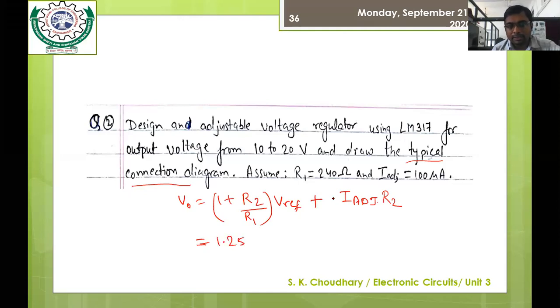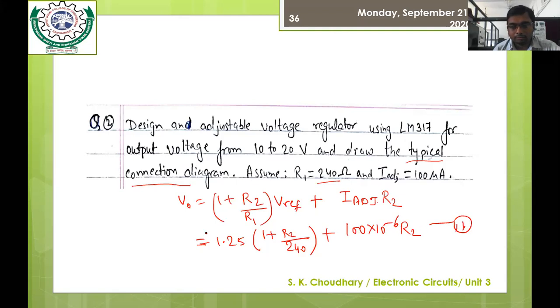It is not mentioned in the question generally. So V reference is 1.25 volt. You have to always remember. 1 plus R2 upon R1, where R1 is 240 ohm, plus I adjustment is 100 into 10 to the power minus 6 into R2. This is your equation 1.